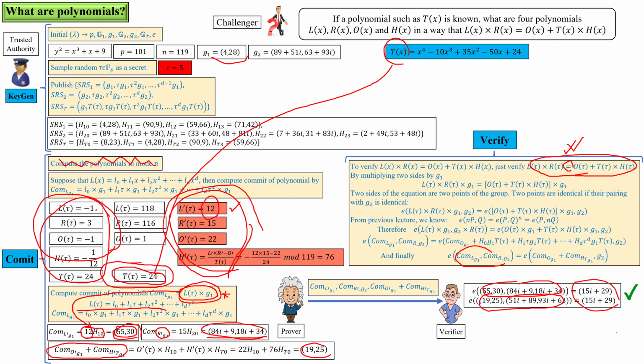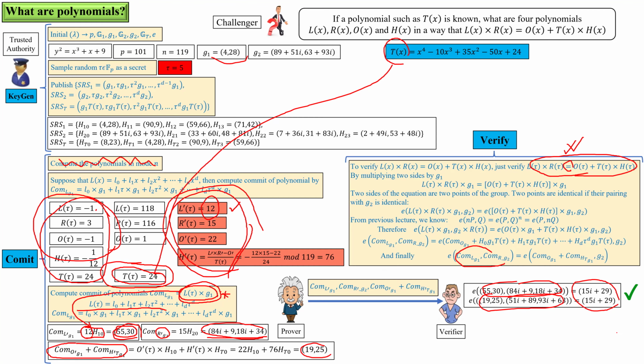You can check this equality using the website to ensure that these fake commits satisfy the verification test. So we see that the prover knows the value of tau from the trusted authority and computes T of tau and then generates some fake values for L, R, O, and H of tau, and then uses the other formula to compute the commits and then convinces the verifier that he really knows the polynomials.